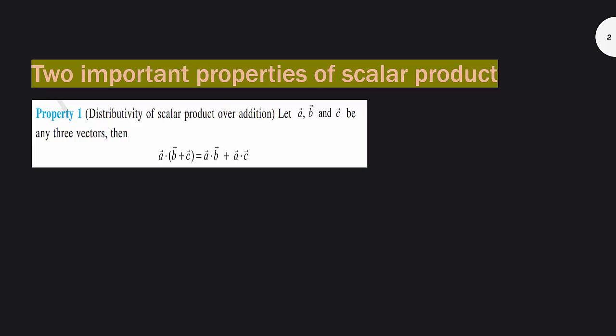That means, see here, we are going to have vector A, vector B and vector C as three vectors. Here, distributive of scalar product means dot product.